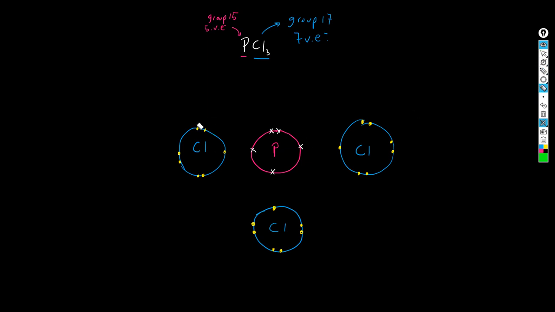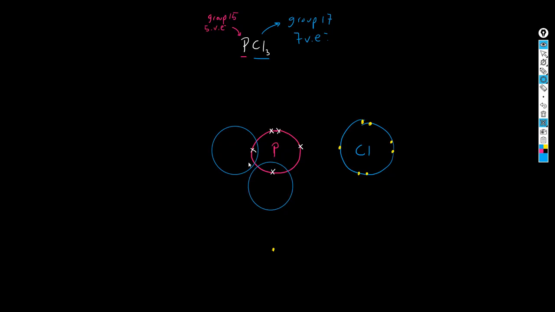I'm going to move this chlorine over. And again, by moving this chlorine, we're going to have this chlorine overlap with the phosphorus. I'm going to do this by using circles. I'm going to have another chlorine. So I'm going to erase this one. I'm going to overlap it. And then another chlorine here. That I'll move this one over here.